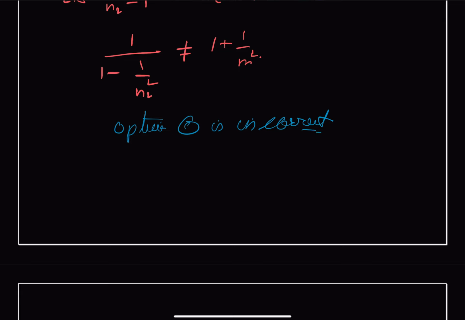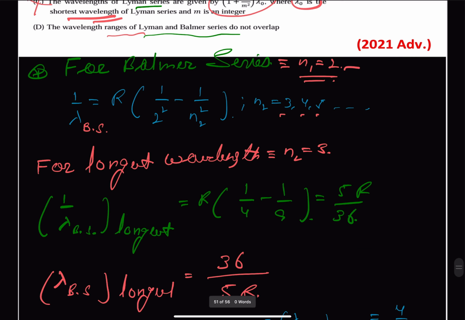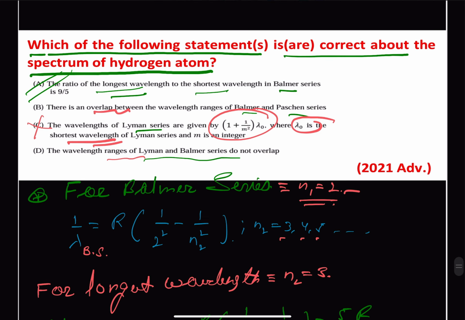And for the overlap series, this is based on the basic concept that our Balmer series is about 400 nanometer to 700 nanometer. So Lyman is from about 100 to 121 nanometer. Therefore, the Balmer and Lyman do not overlap.